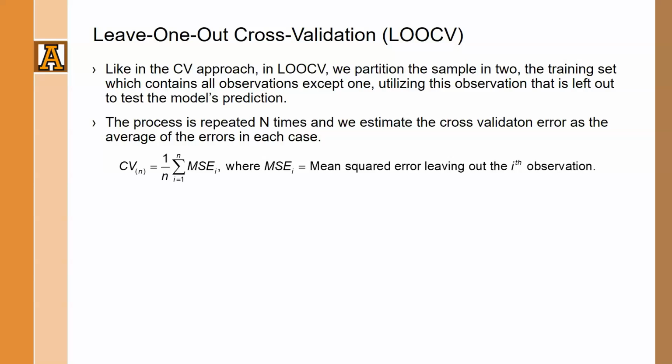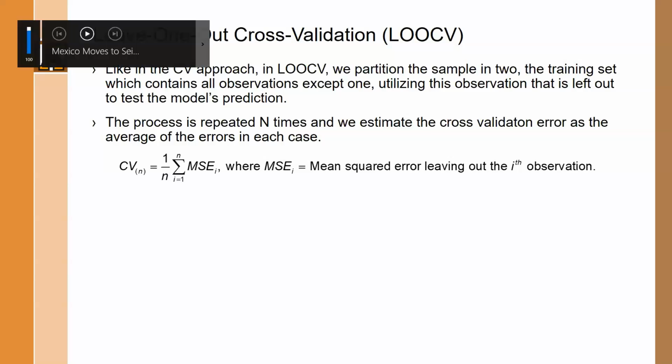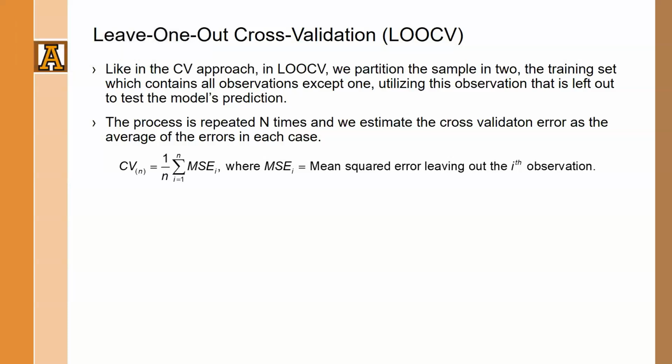Teacher, can I see if I understood correctly? So you leave out the nth observation, and then you leave out the n minus 1 observation, and then the n minus 2, and you keep doing this, and then you see what are you trying to get? The prediction error. Is it the mean square error or no? Yeah, the mean square error is what we're going to get.